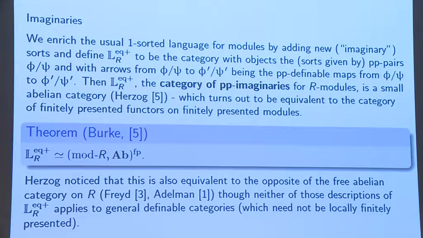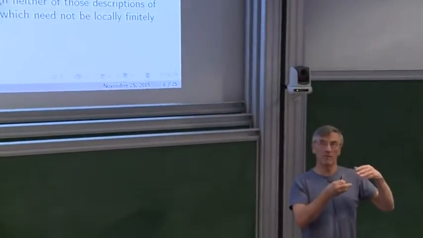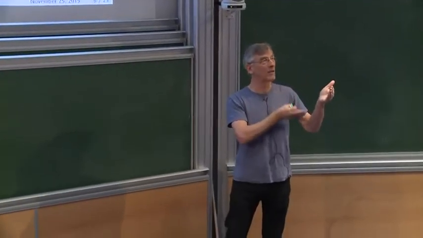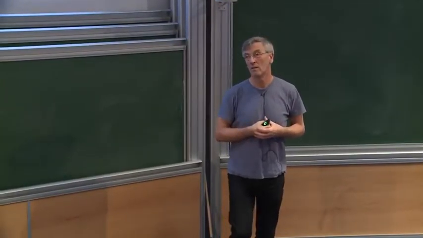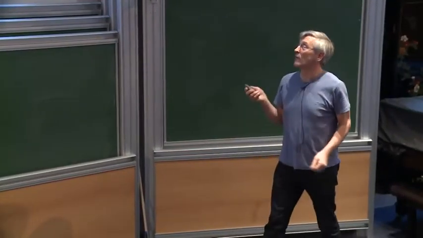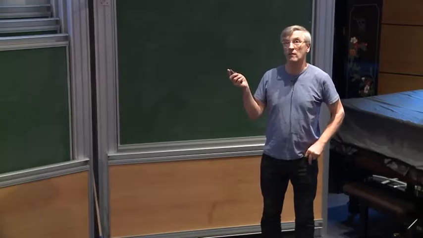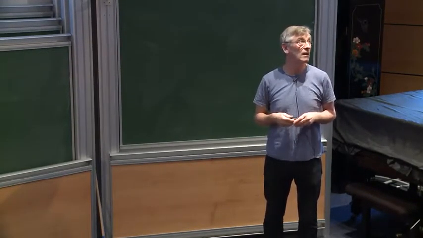But it's useful to add not just n-tuples of elements, which you can regard as a new sort, but other things. You can quotient these by definable equivalence relations and add those powers of the home sort factored by definable equivalence relations as new sorts, new kinds of elements. That has become very common within model theory, to work not just with the original structure but with all these imaginary sorts around it as well.